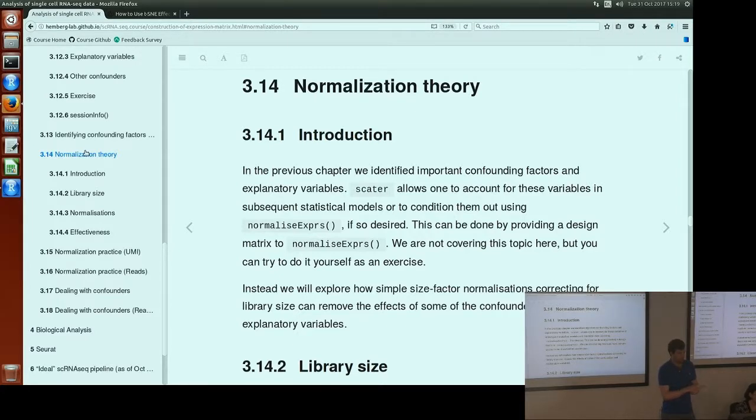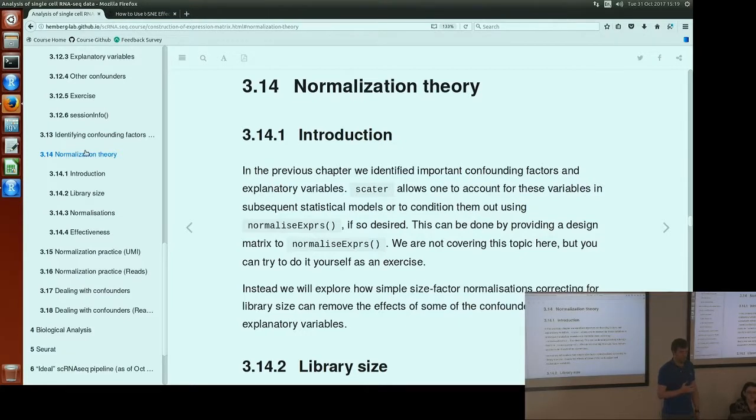So, Tallulah took us through the identification of important confounding factors and explanatory variables, and SCADA in a couple of ways allows one to account for these variables in statistical models or condition them out using this function normalize express, if so desired.